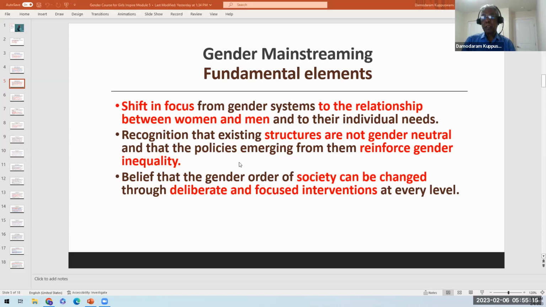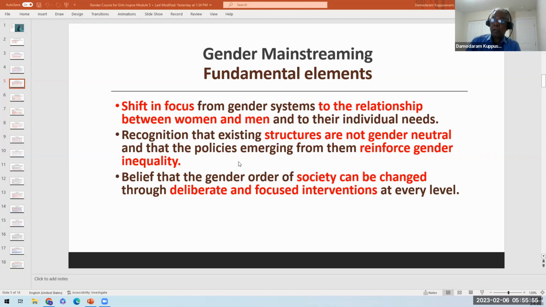When we look at gender, we cannot take for granted that the systems that exist can carry us forward. We need to be critical of how those structures are contributing or not contributing to gender equality.